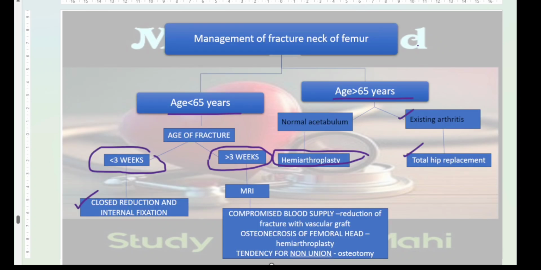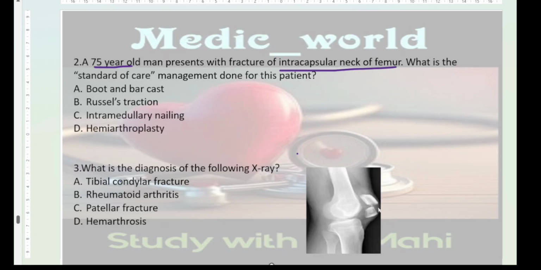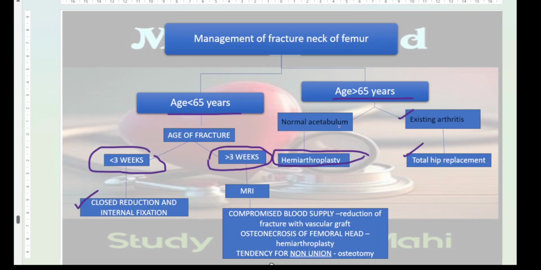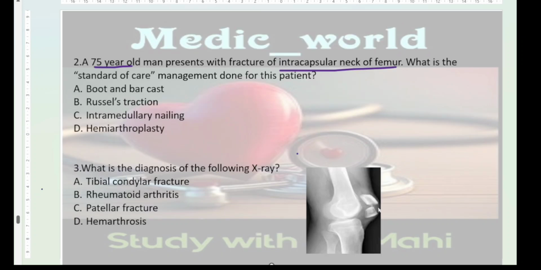Let's see the table. Age is more than 65 years. There is no history like arthritis or anything. Nothing is given. Then we will go for normal acetabulum and management of this is hemiarthroplasty. So the answer to this question is option D, that is hemiarthroplasty.